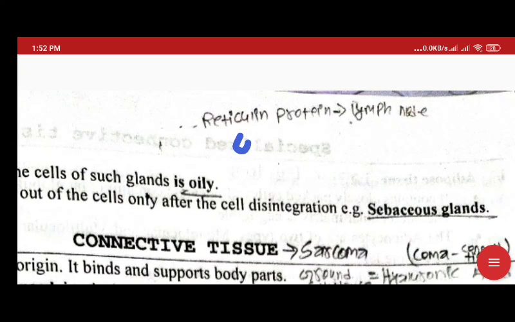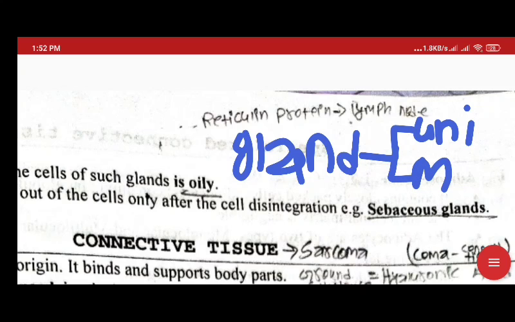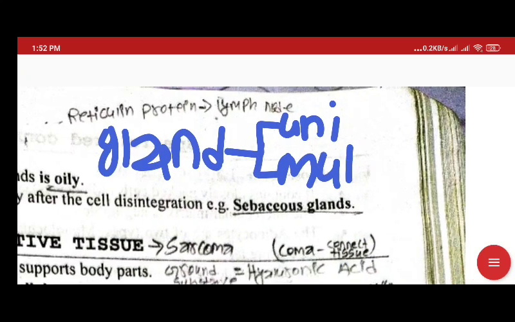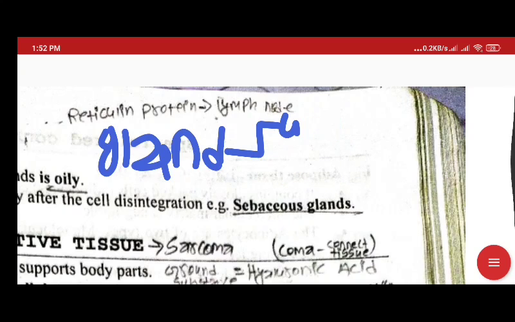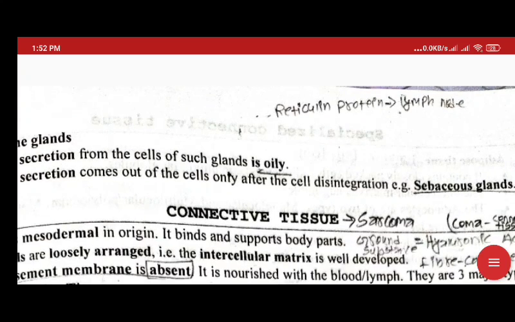Students, we have left the classification of gland on the basis of cell. If unicellular, there are two types: unicellular and multicellular gland. In unicellular gland we can have two classifications. One is goblet cell. You already know that we studied goblet cell in columnar epithelium.